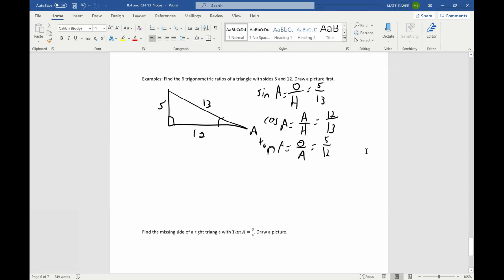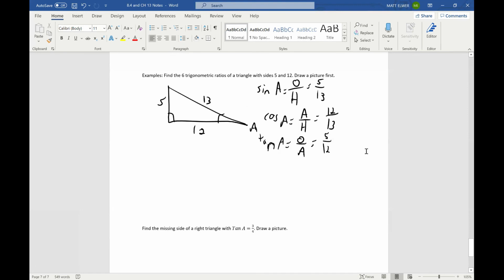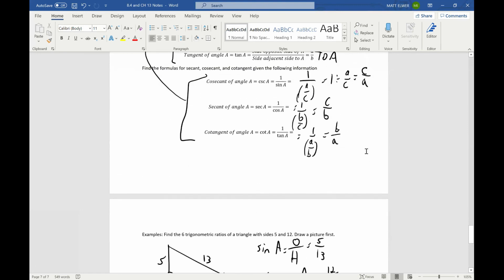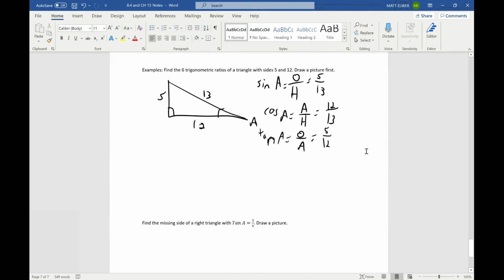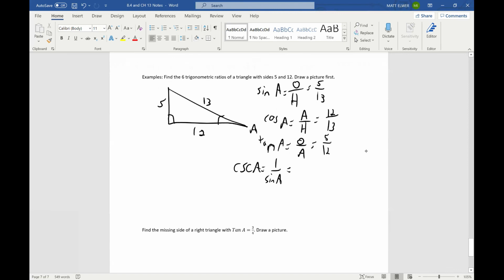And then finally, if I want to find the other three, cosecant, secant, and cotangent: if I want to find cosecant of A, well, that's just 1 over sine of A, or we just take the reciprocal of sine, which is 13 over 5. So we're just reversing the order of sine.